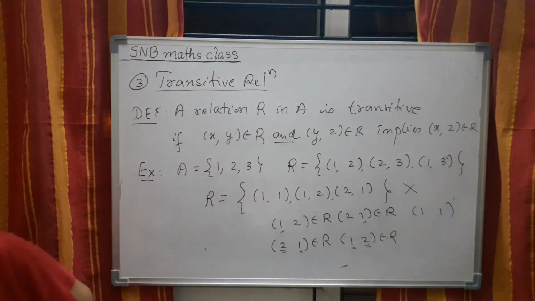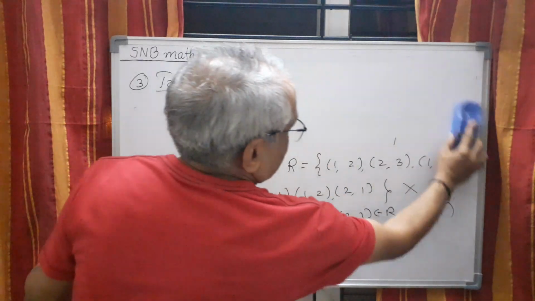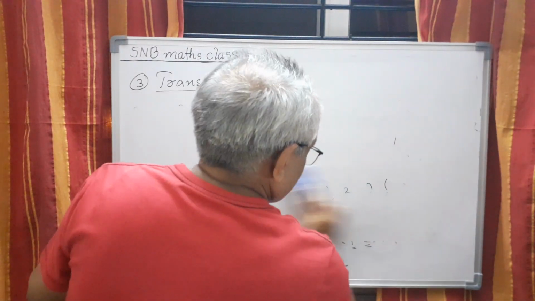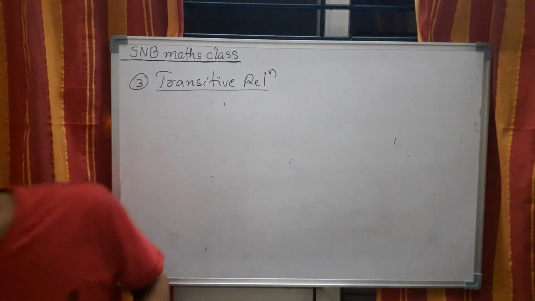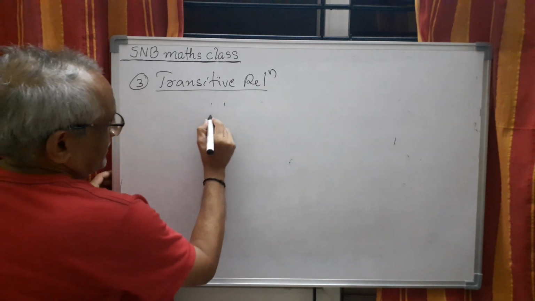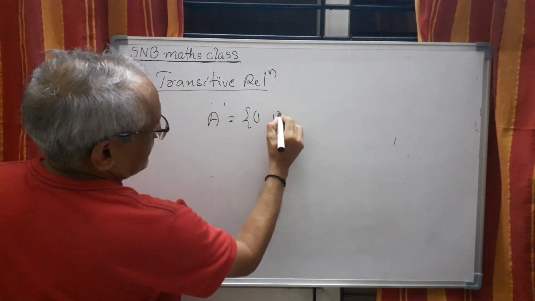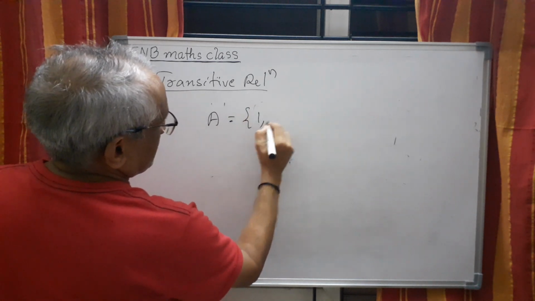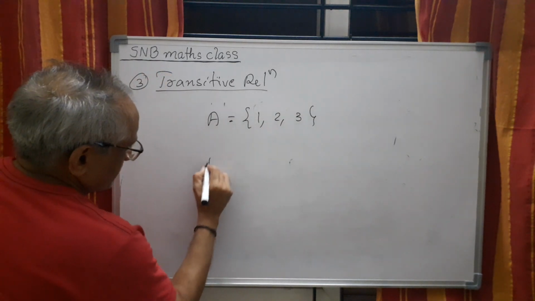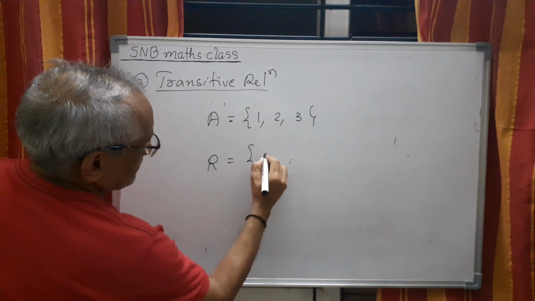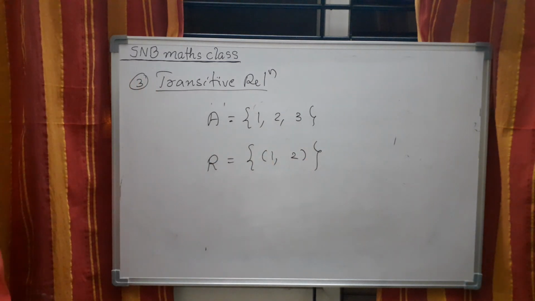Now I will give one question, and in my next lecture I will discuss whether it is transitive or not. Meanwhile, you think. A equals {1, 2, 3}. I will take only this much. R equals {(1, 2)}, only one pair.